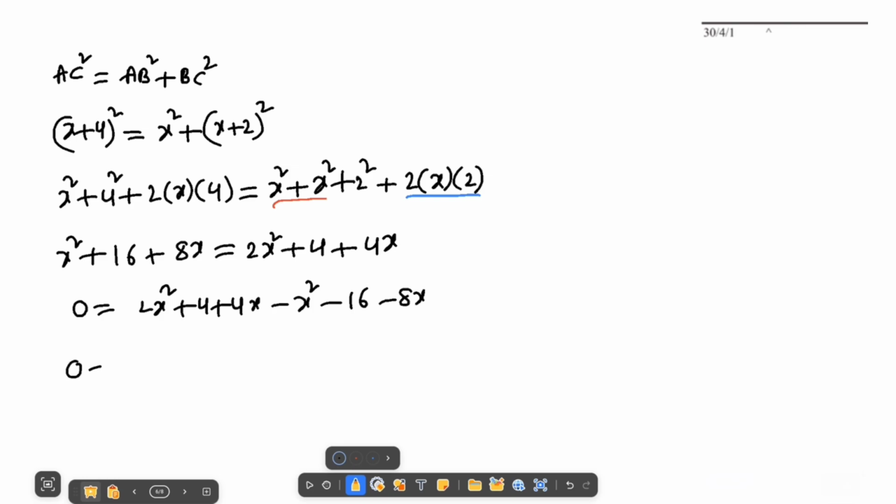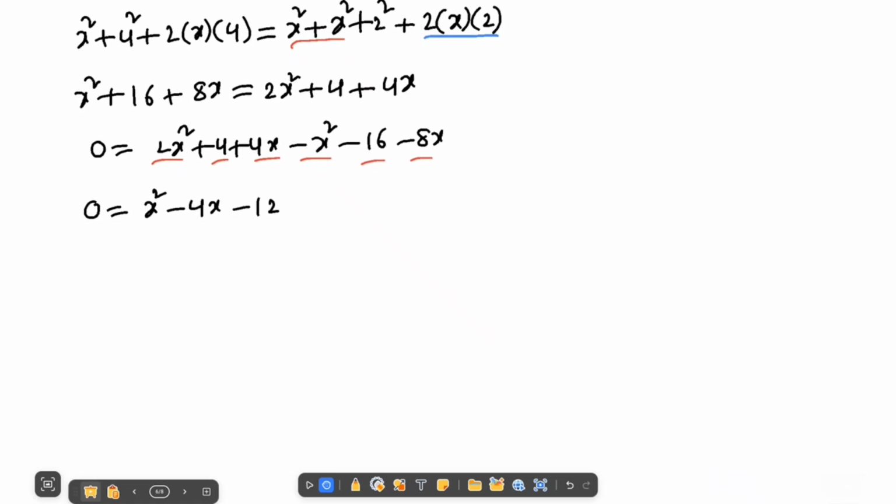Now let's add the like terms. 2x square minus x square is 1x square, plus 4x minus 8x is minus 4x, plus 4 minus 16 is minus 12. So x square minus 4x minus 12 is equal to 0.